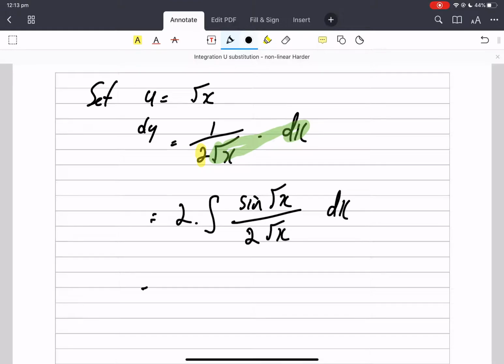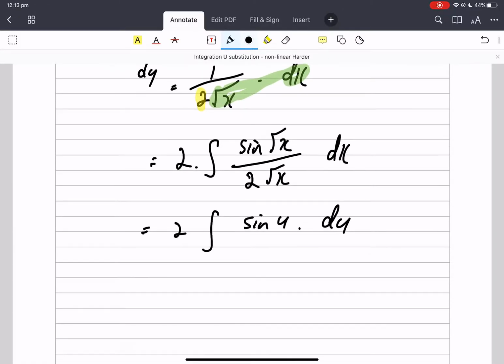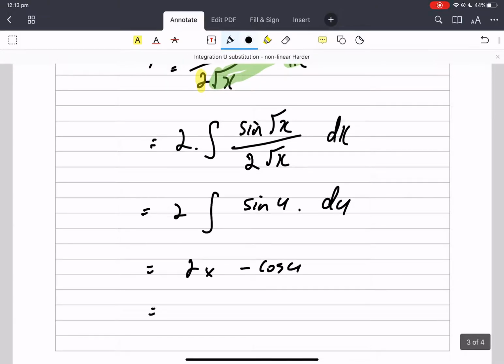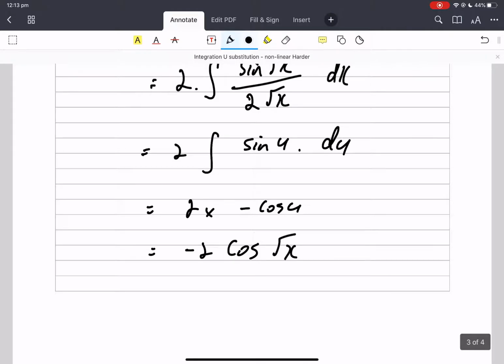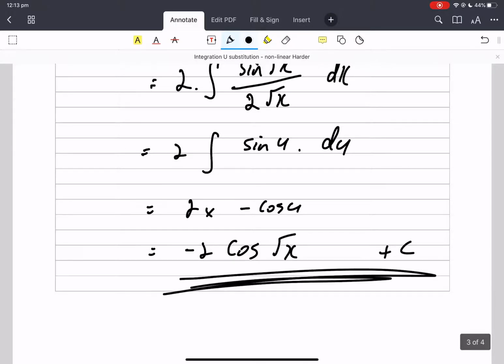Okay, equals 2 the integral of sine u du, which is 2. What's the integral of sine u? And what was u? Root x plus c.